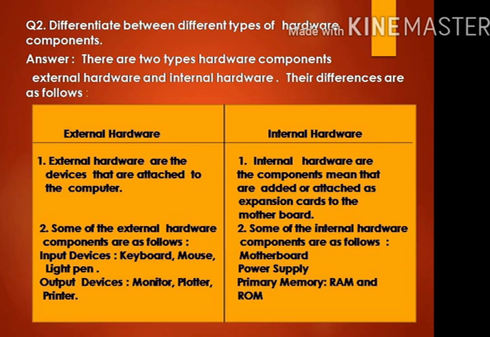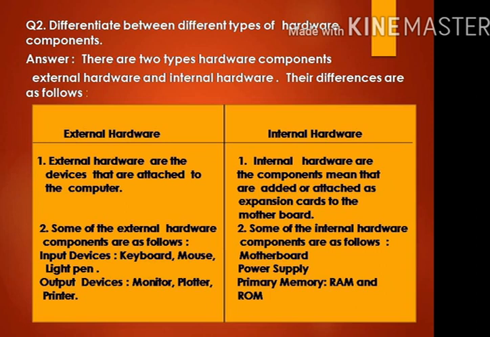External hardware. Number 1. External hardware are the devices that are attached to the computer. Internal hardware. Number 1 point. Internal hardware are the components that are added or attached as expansion cards to the motherboard.